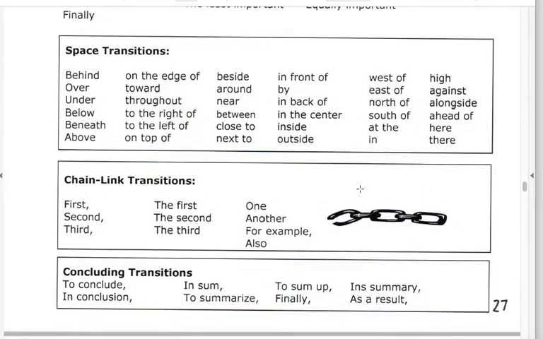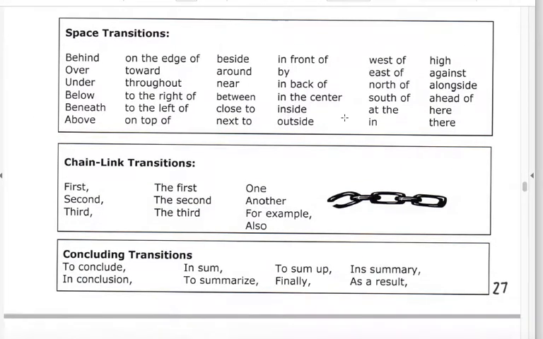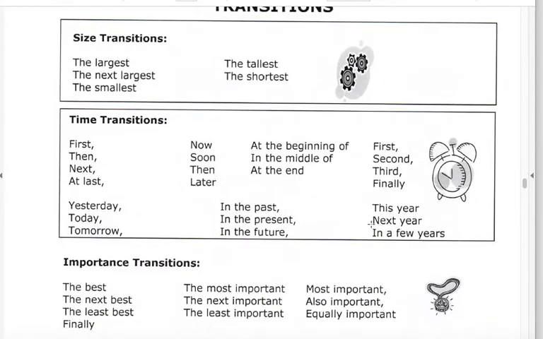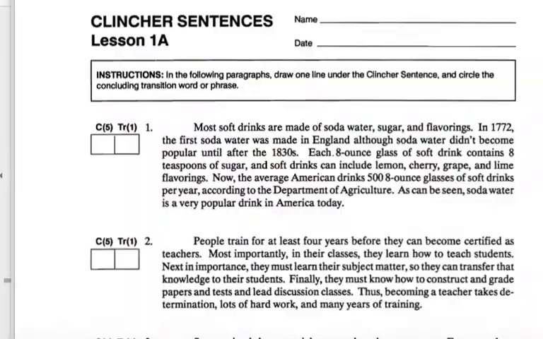So again, I can write a paragraph and I can use importance as my transitions, but the last sentence needs to include my concluding transitions. Okay, so I want to practice going over this with you so that then you can go on and do some on your own. So if you take a look on your screen, I have a paragraph here.